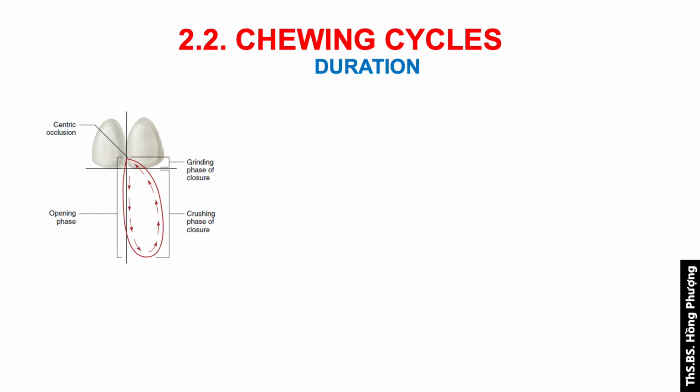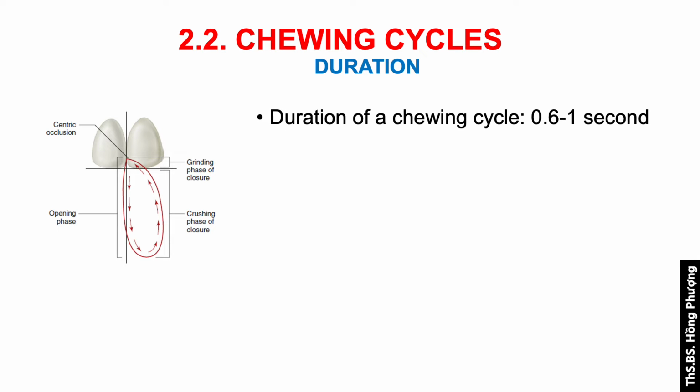I think you rarely pay attention to how long it takes to complete a chewing cycle, because chewing is often an involuntary or automatic activity. Many studies have calculated that the duration of a chewing cycle is about 0.6 to 1 second.